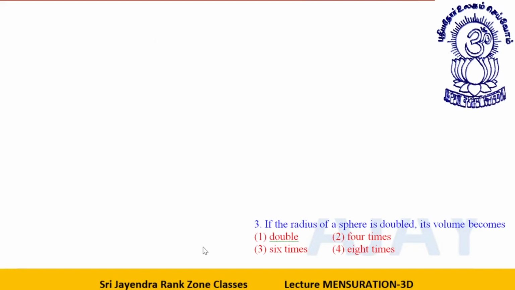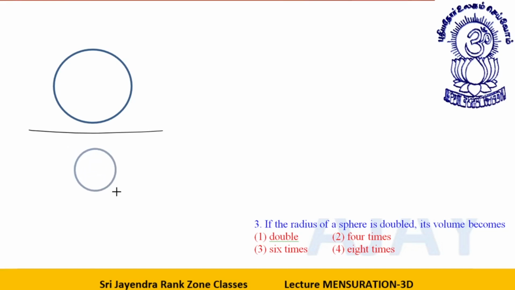If the radius of a sphere is doubled, its volume becomes? Let's say we have two spheres, sphere 2 divided by sphere 1. Let's say the radius is 2r. What will be the volume?